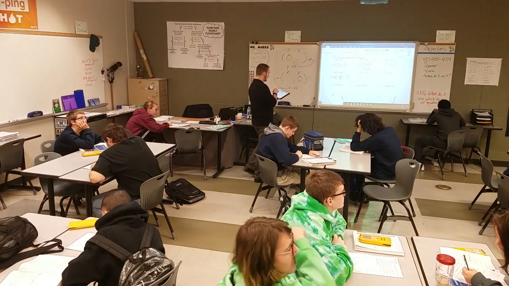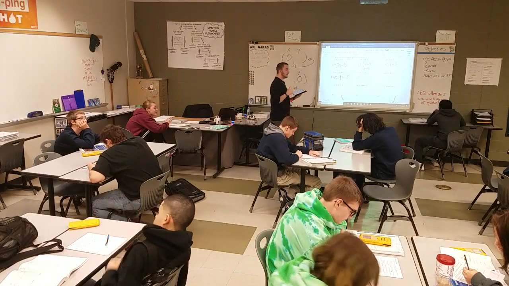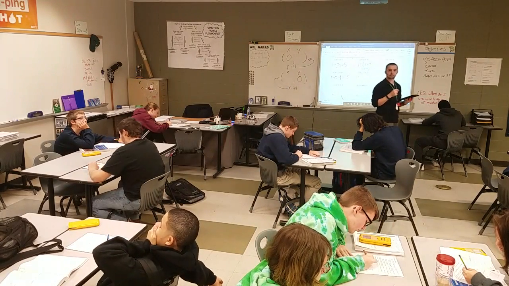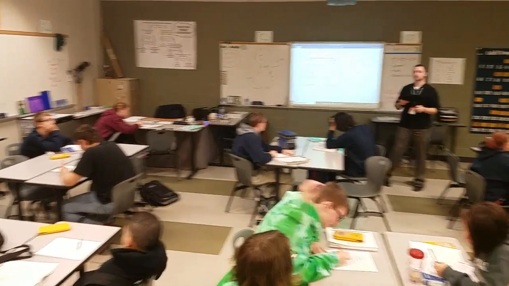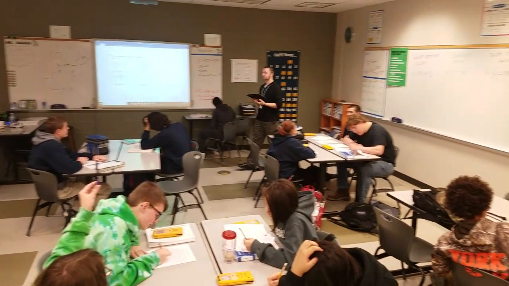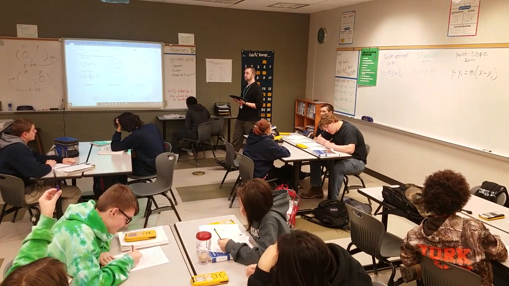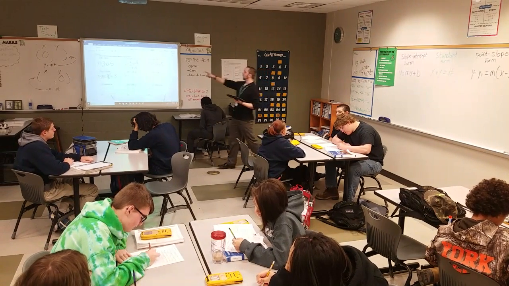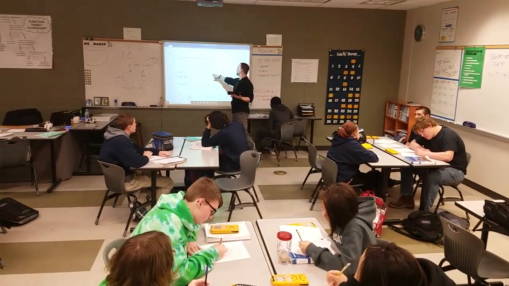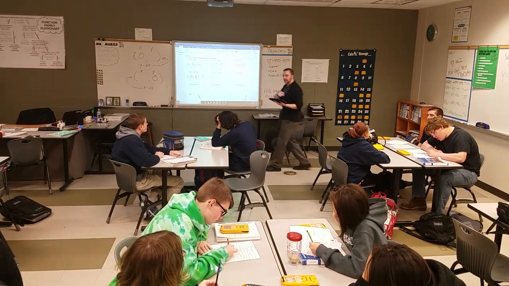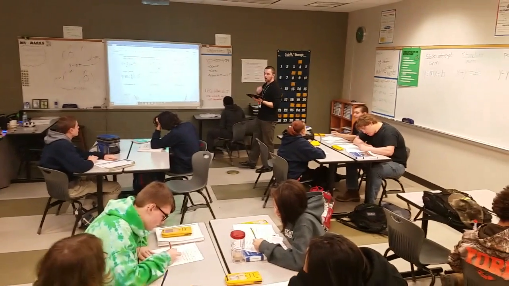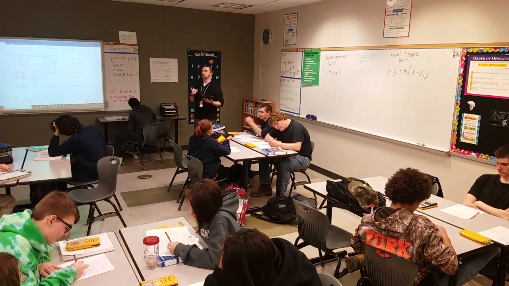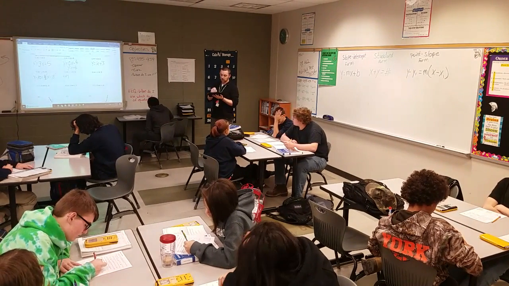We got to copy down the y minus, what's my y value? Grace? Negative one. My y value here is -1. So it's minus -1. Minus a negative turns into a plus a positive, right? Okay.